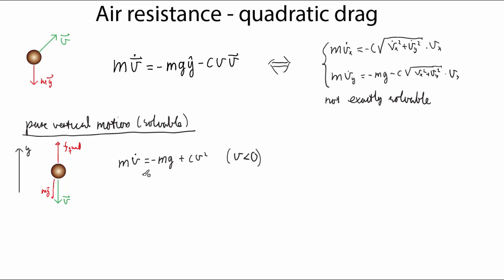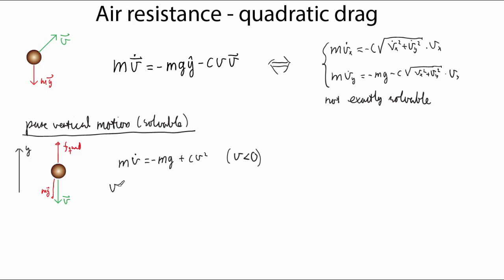In the case of linear drag, we were able to find that what happens when something is falling downward under the influence of air resistance is that it eventually obtains terminal velocity. And the same thing should happen here. So we can find the terminal velocity. When you've reached a terminal velocity, that means that your velocity doesn't change anymore, so then v dot should be 0.